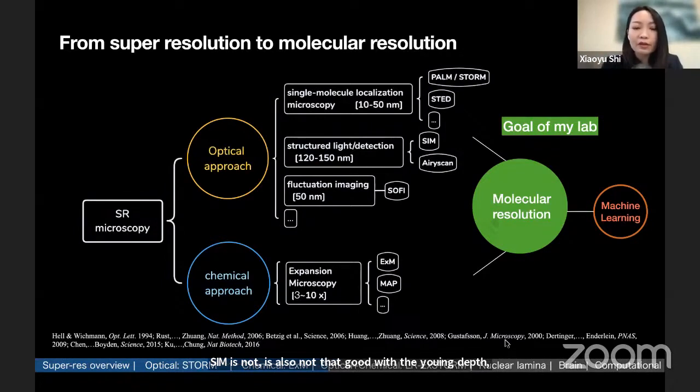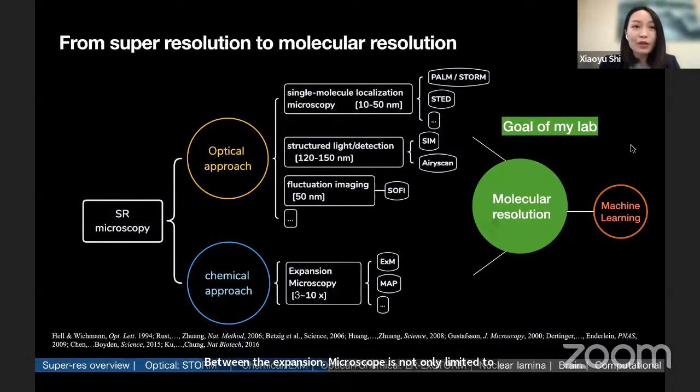But for expansion microscopy, since you are now free to downgrade, basically, the microscope needed for similar super resolution, you can go for confocal to achieve 70 nanometer resolution, and your imaging depth is defined by the confocal. Okay, and the combination with expansion microscopy is not only limited to the confocal.